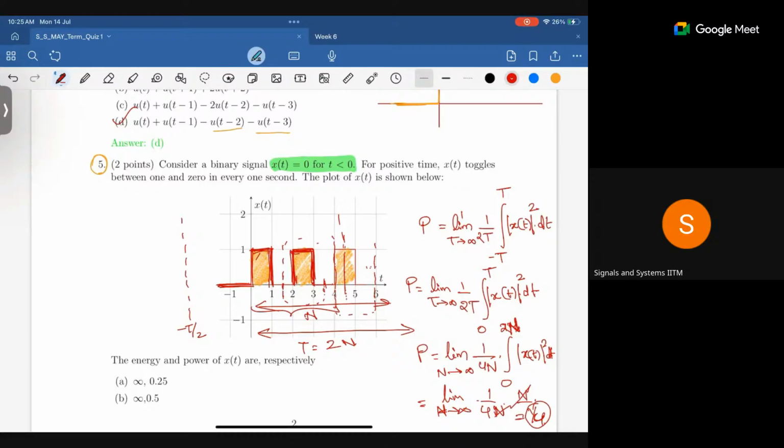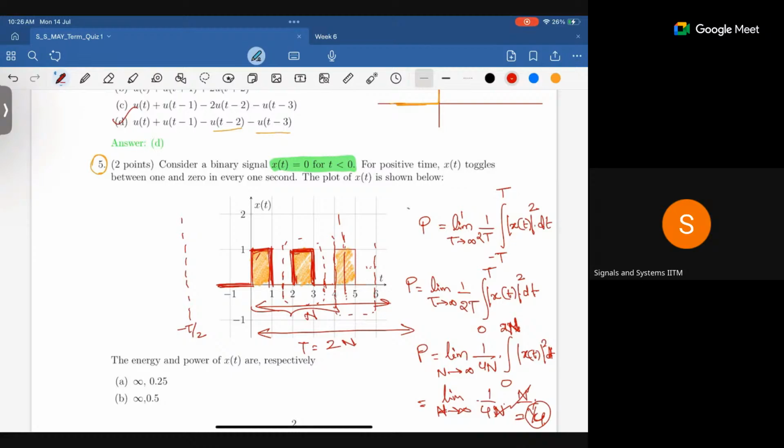So this is an aperiodic signal, and you cannot use the idea of computing average energy in one period length and call it the power of the signal. That cannot be done.